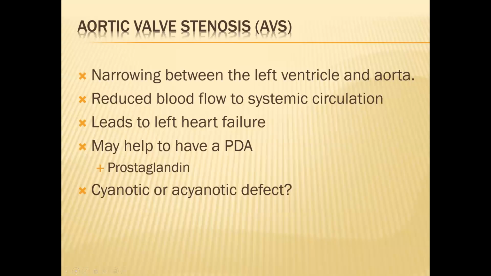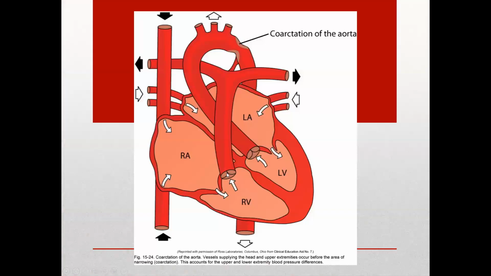Did we talk about cyanotic versus acyanotic? No. All right, so if you have blood coming into the left ventricle, it gets into the aorta, but it's having a hard time getting to the descending aorta. And because of that, it's easier to travel through the ductus arteriosus into the pulmonary circulation. So from me describing that, does that sound like you've got oxygenated blood coming back into the pulmonary artery?